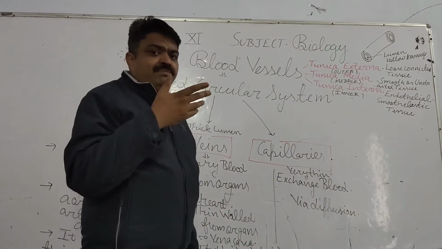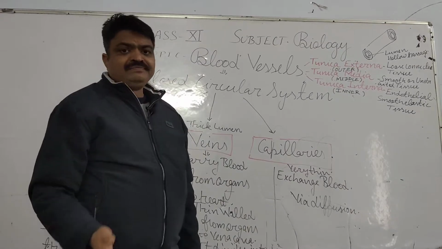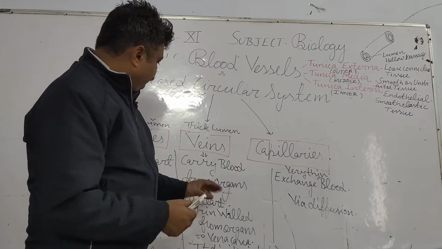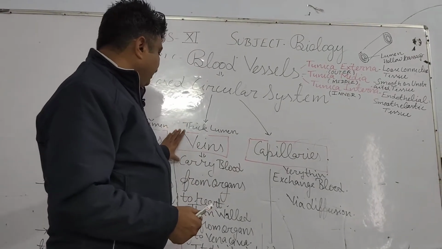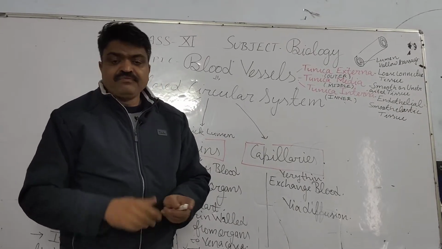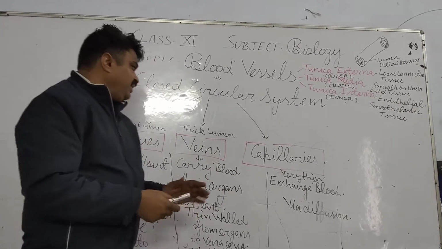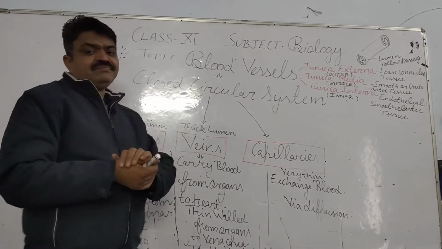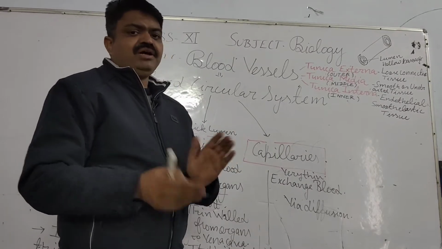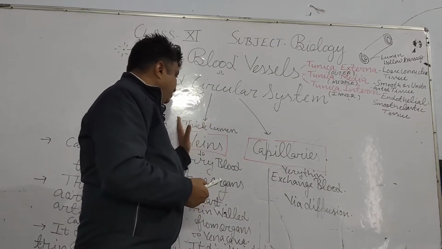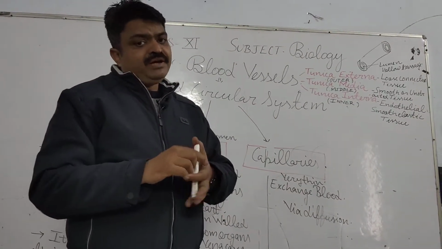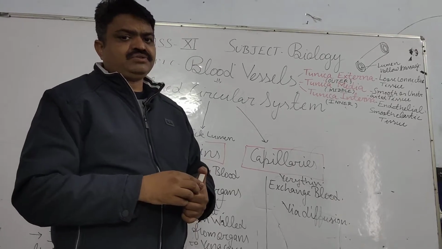Superior carries the blood from the upper parts and the inferior carries the blood from the lower parts. The veins have the deoxygenated or impure blood, student, and they have low pressure because they have the broad lumen.